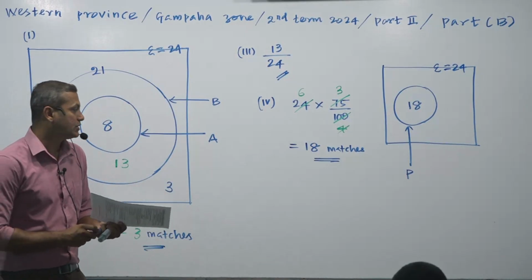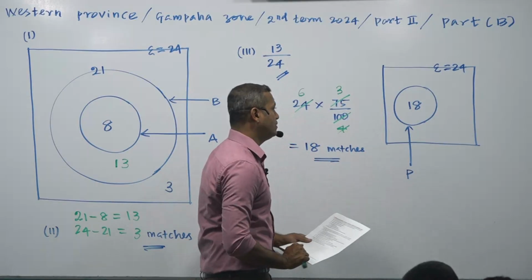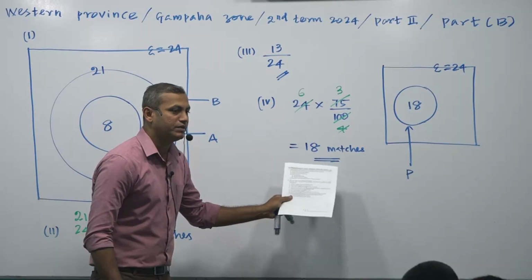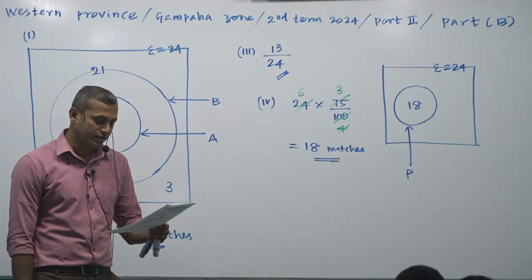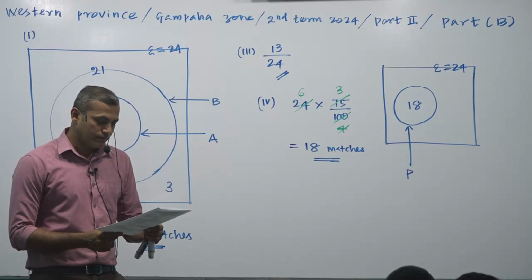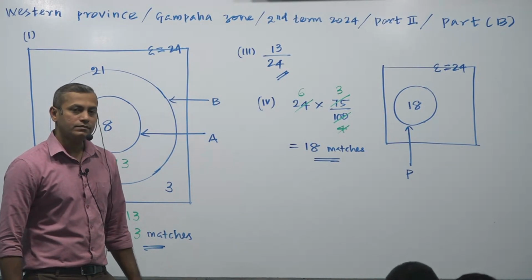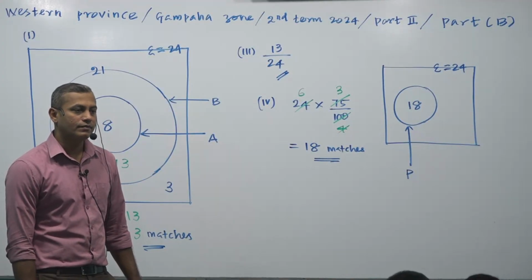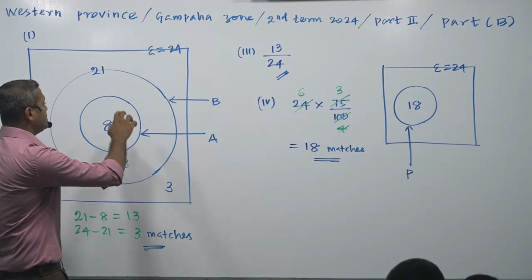OK. 75% of the matches, of 24, means 18 matches. In 18 matches he has scored less than 79. But you know, what is this 21?